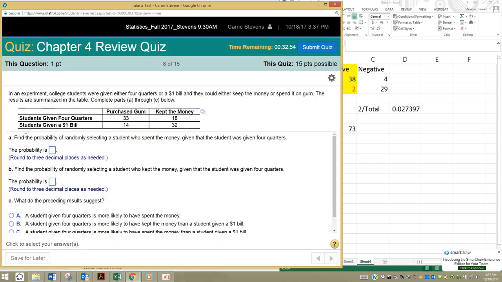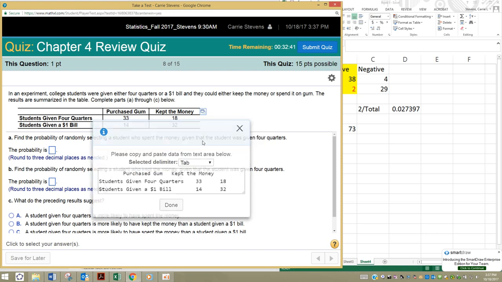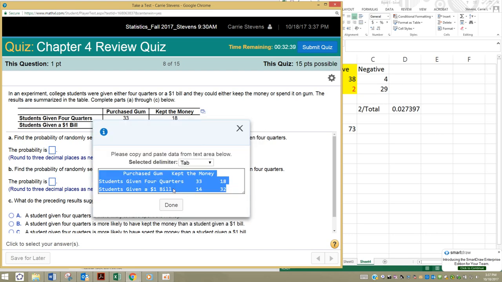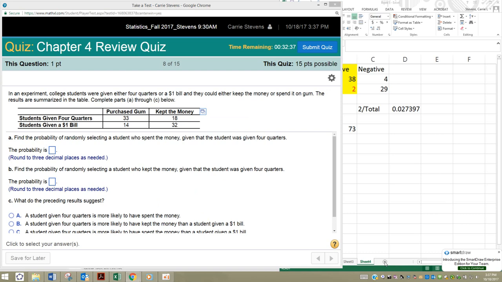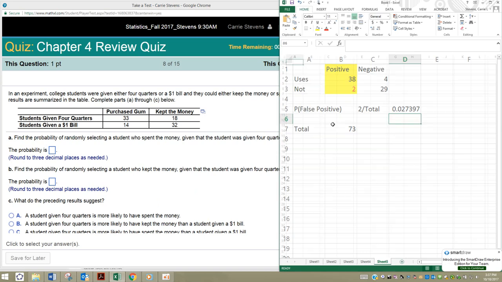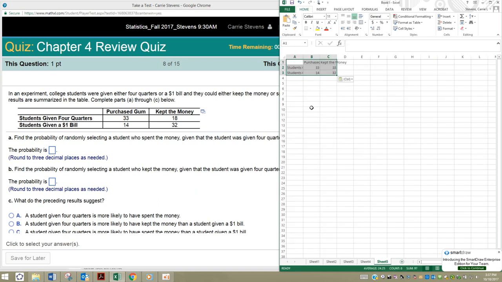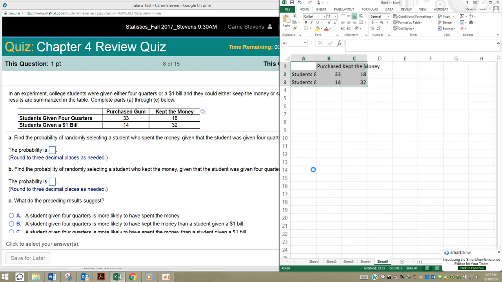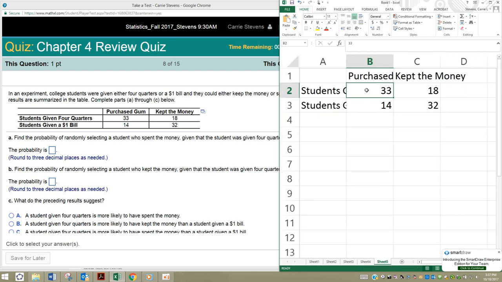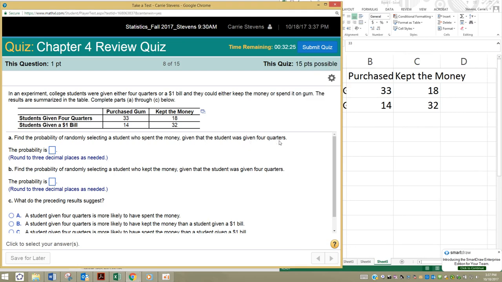In an experiment, we have people use, I'm going to jump here. Find the probability of randomly selecting the student who spent the money given that the student was given 4 quarters. Okay, good. So I'm only interested in the people in this sample who, for part A, were given 4 quarters.